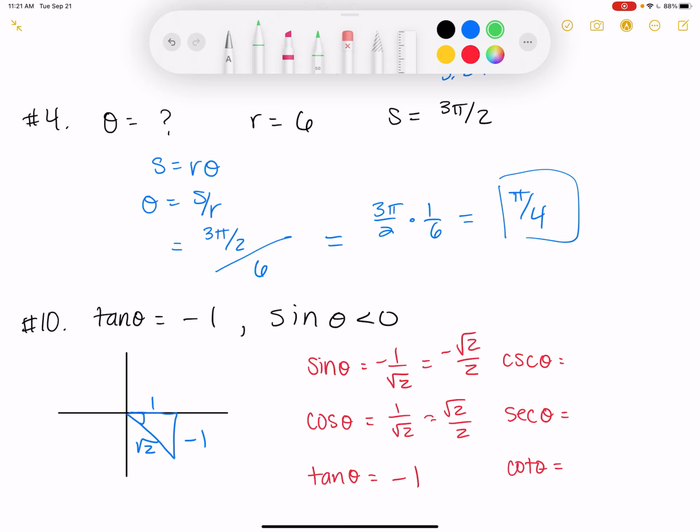The only reason I care about you writing the first one, the one that's not rationalized, is because it will help you when you go to write cosecant and secant, because I just need to flip them over. So cosecant is just going to be -√2, secant is just going to be √2, and cotangent is just the inverse of tangent, which in this case is still -1. Does this all ring a bell?